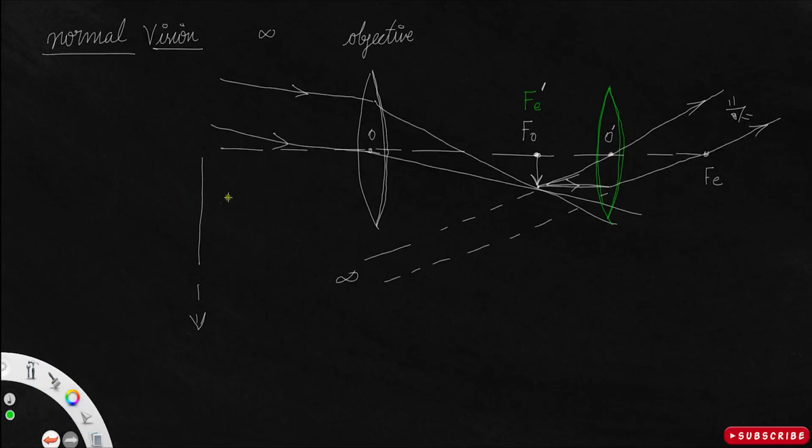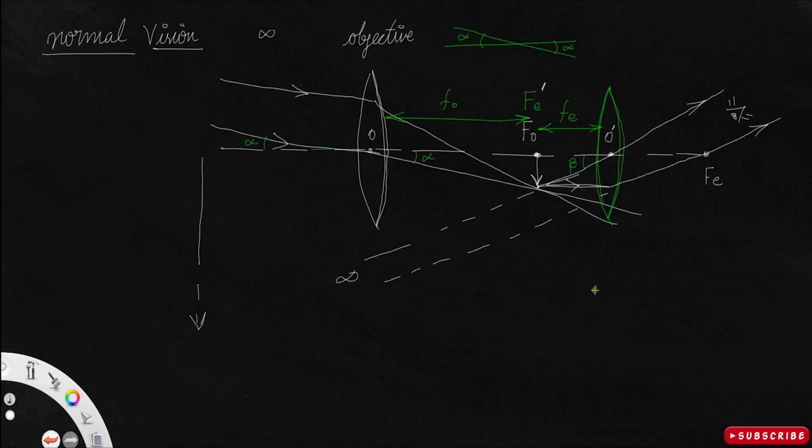Now we need to find the magnification. As we discussed before, this angle is alpha. If this is alpha, this also is alpha. See, they are vertically opposite angles. And we know this one is beta. Now, see, this distance we know is the focal length of the eyepiece, and this length will be the focal length of the objective.